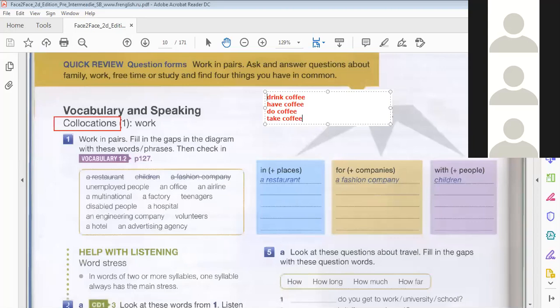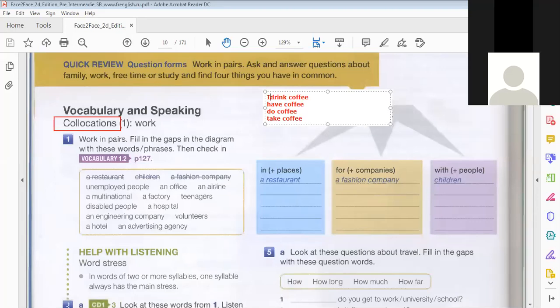Okay, let's add something related to the same thing. It's a word related to the same thing, maybe. Okay, you're kind of close, but take a look at these examples.